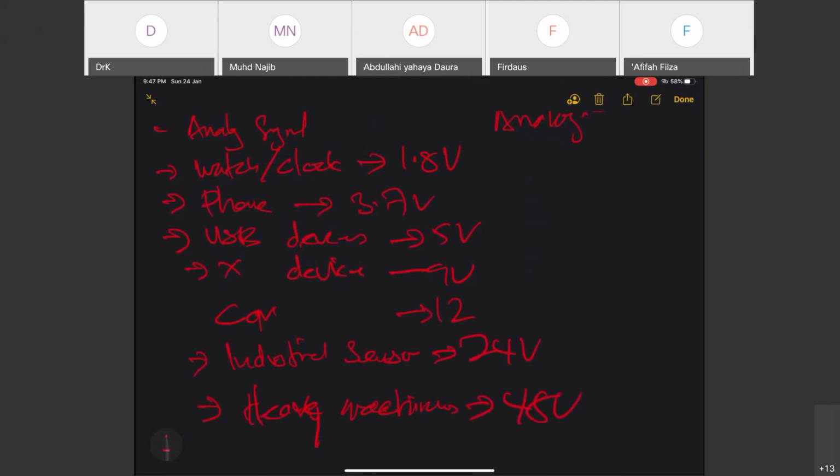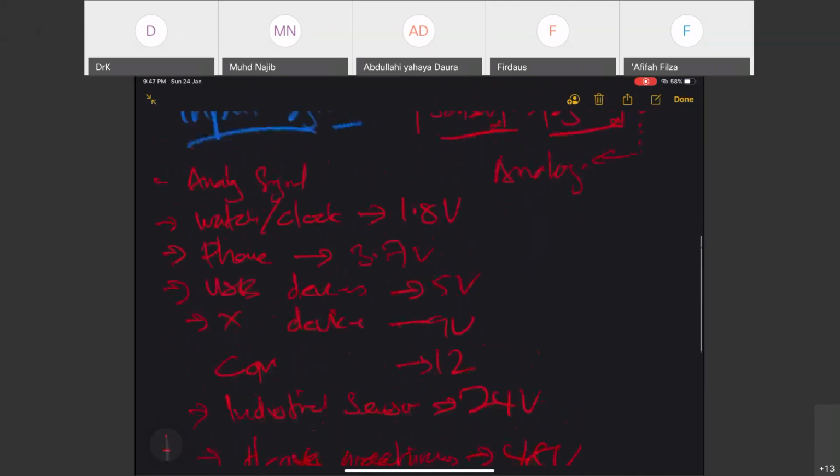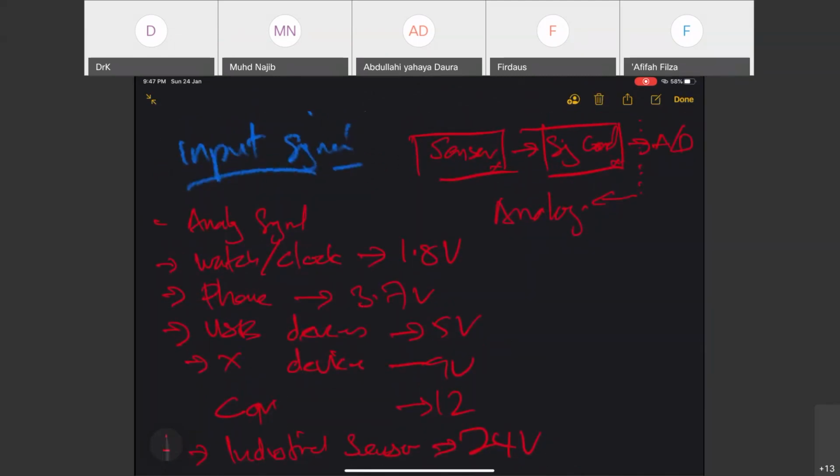All right, so these are the ranges of voltage or analog signal. Okay, it goes from as little as 1.8 volt and as high as 48 volt. All right, so this is the analog signal that I am talking about.